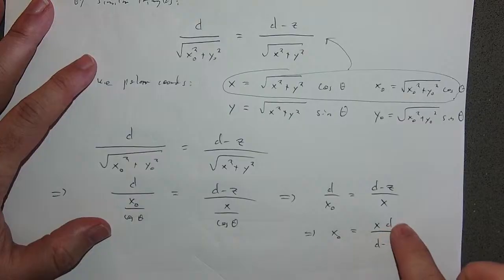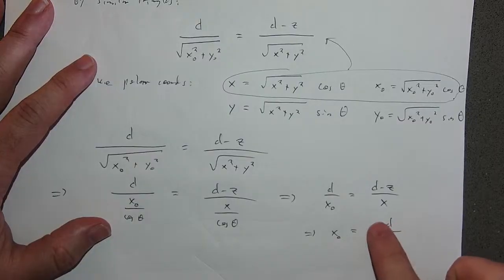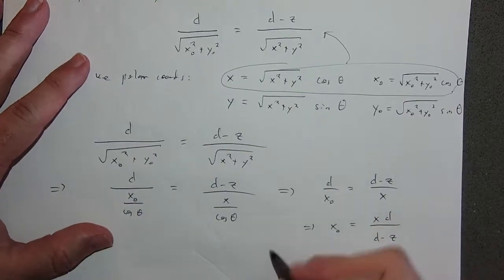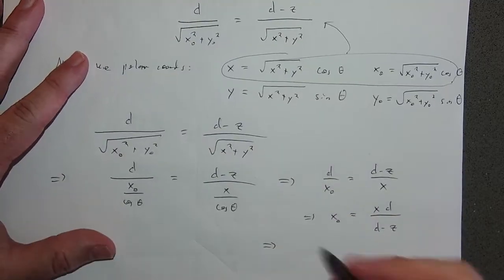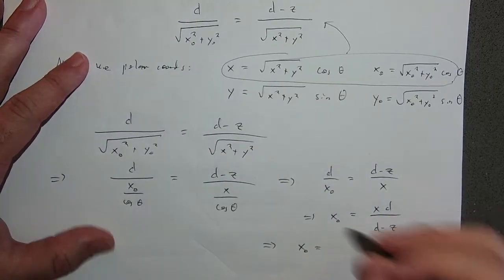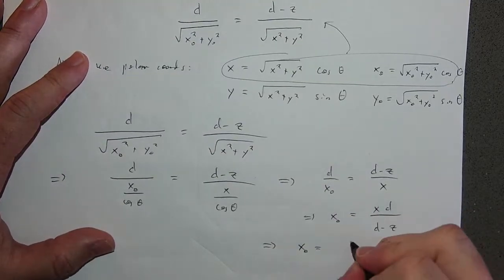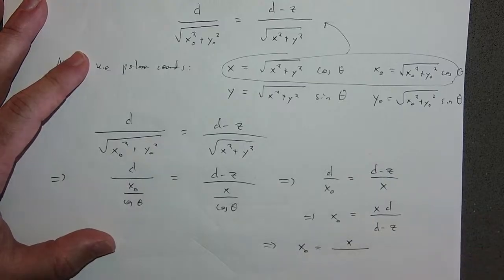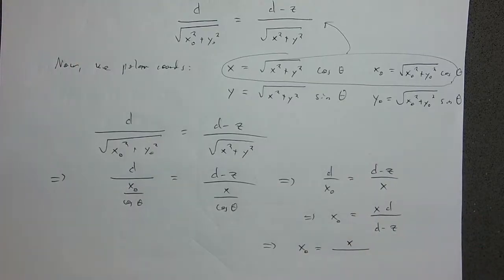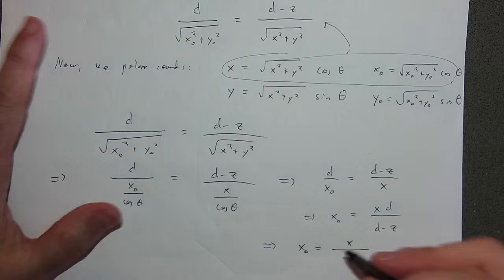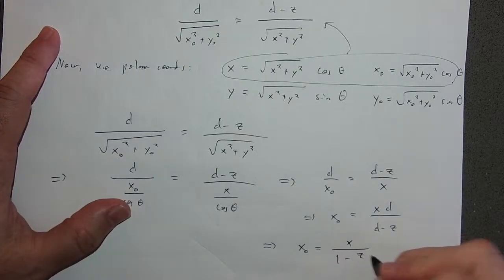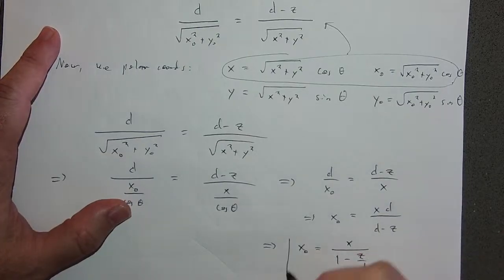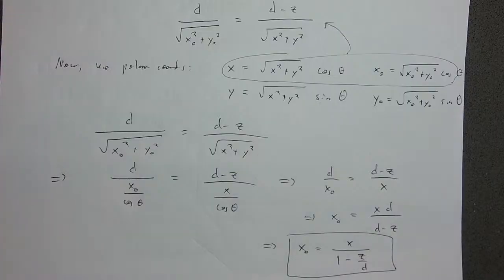Dividing, if you like, factoring out d over d here, what I get is that x naught is equal to x over 1 minus z over d. Okay.